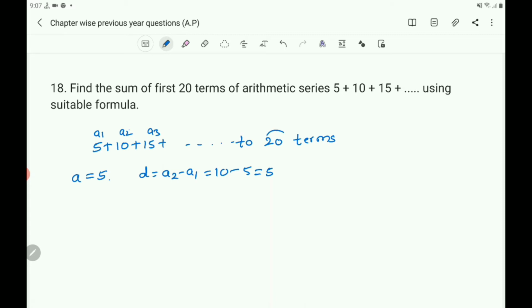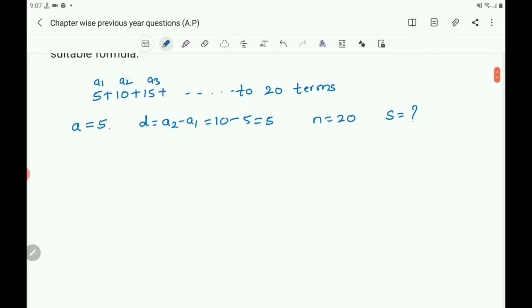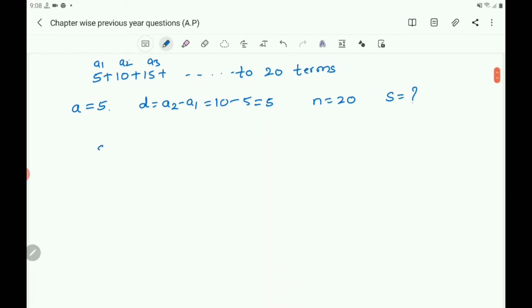Now here you have to find the sum of first 20 terms, so n equals 20 and S equals question mark. Then you write the formula: S equals n by 2 into 2a plus n minus 1 into d. This is the formula to find the sum to n terms of an AP if a, d and n are known.